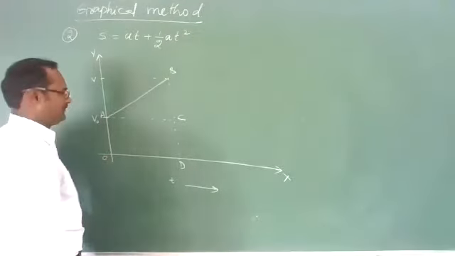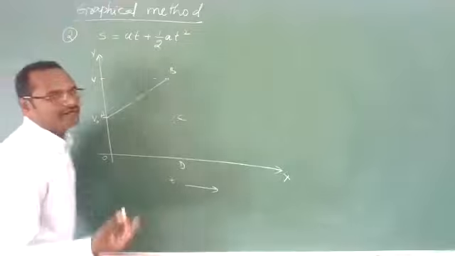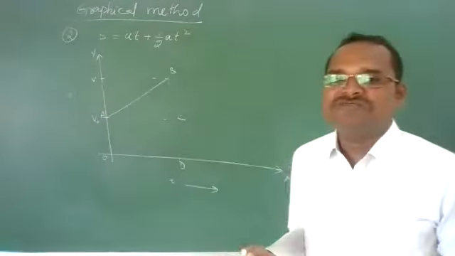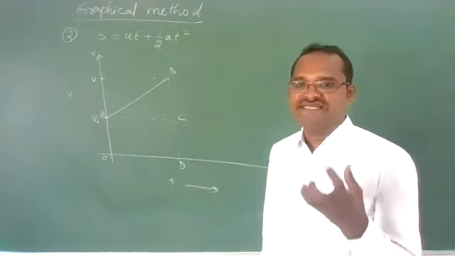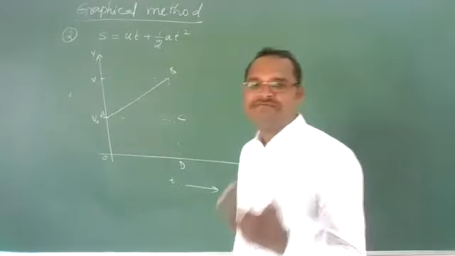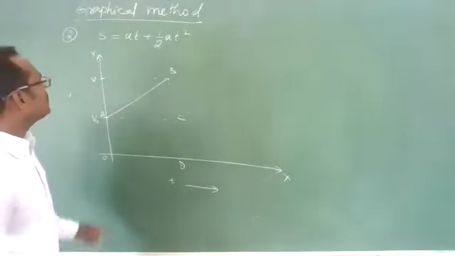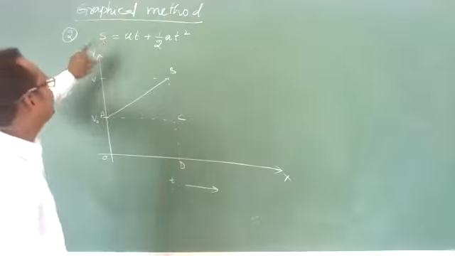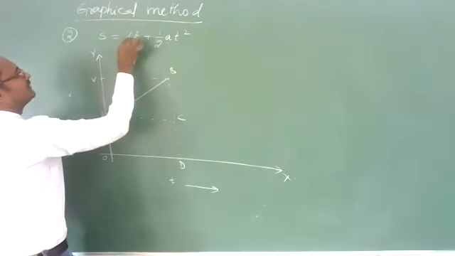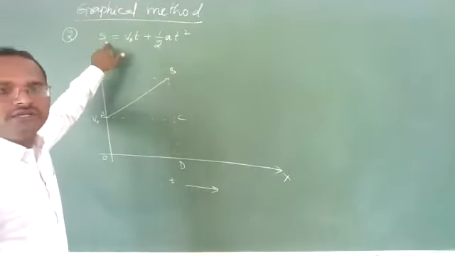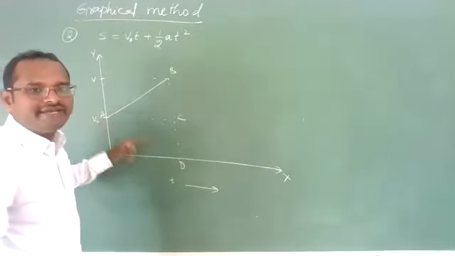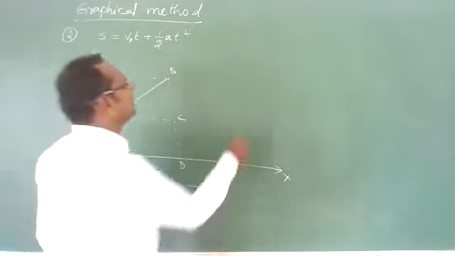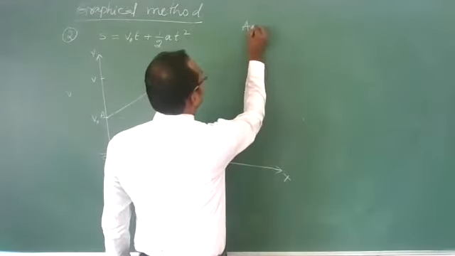Now, I want the displacement. How do we get the displacement from the velocity and time graph? If you take the area, you will get the displacement. S means displacement. So to get displacement, we should take the area under the graph.